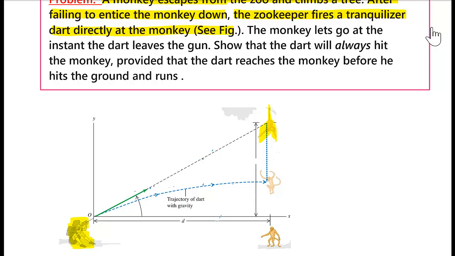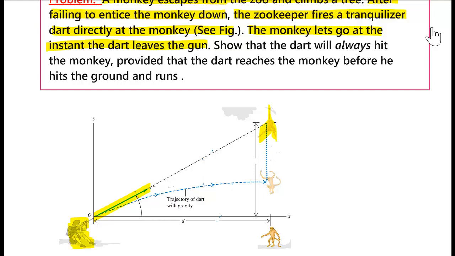So now he is using different methods. He is throwing a tranquilizer dart in this direction. So this is the direction of the tranquilizer dart. The monkey lets go at the instant the dart leaves the gun.